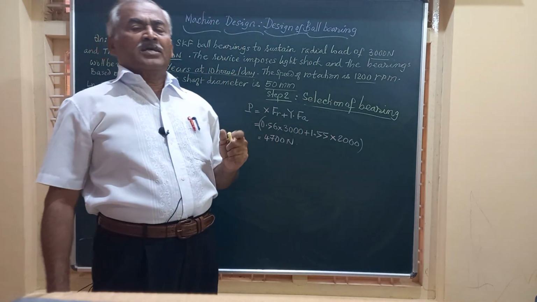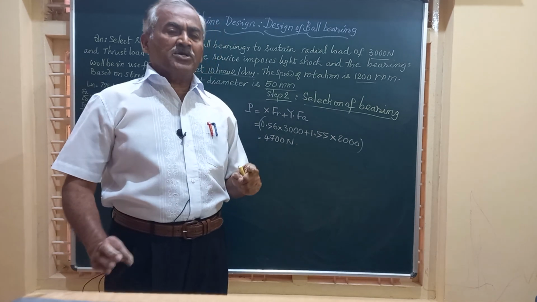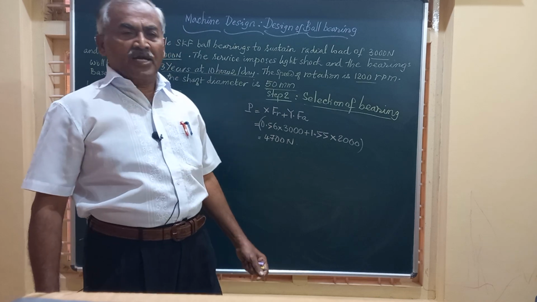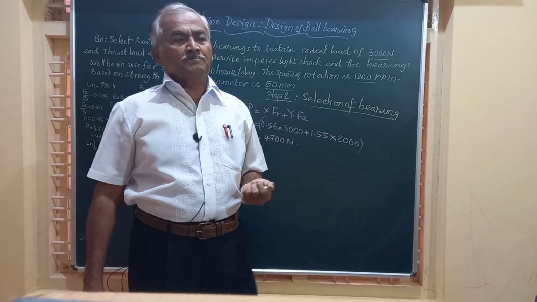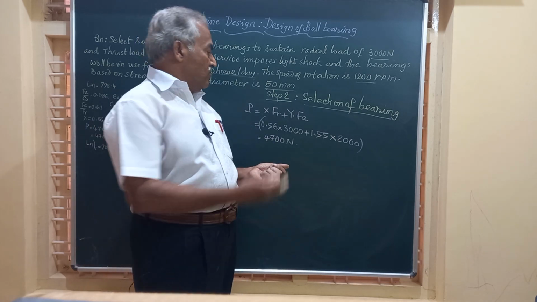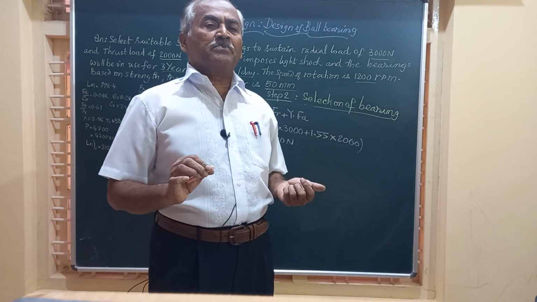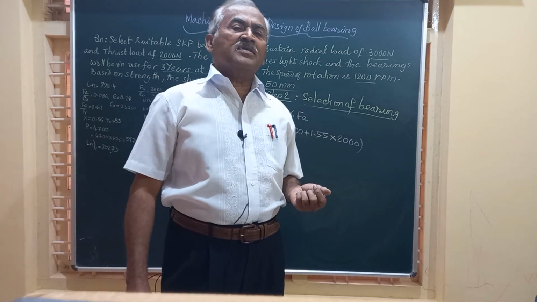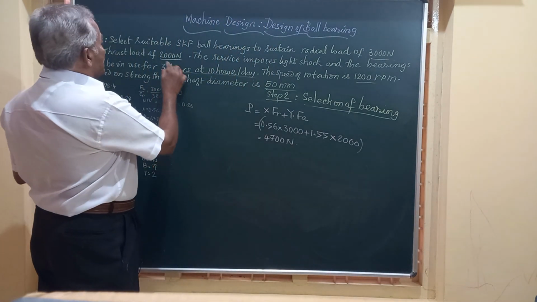So the equivalent of the radial and axial load has to be calculated in all the problems, and this is the value you get. But friends, this is an average value, and whatever the value of P you get has to be multiplied by a service factor, and this service factor depends on the type of service.